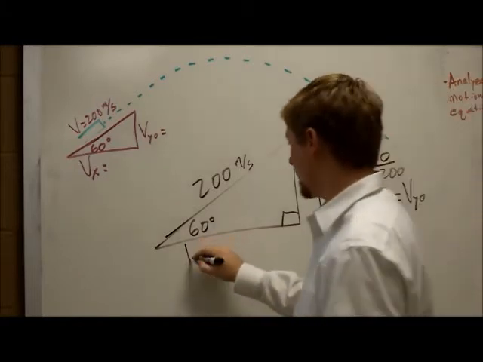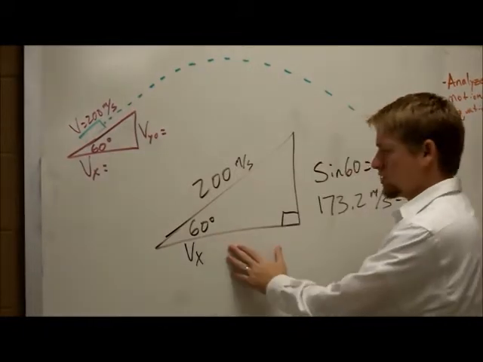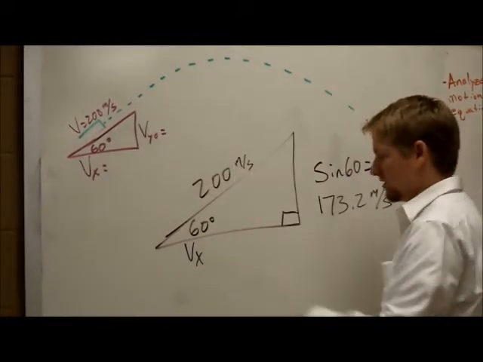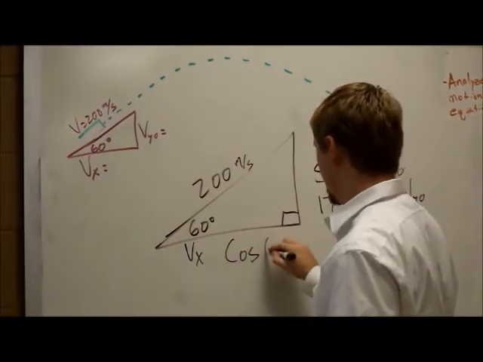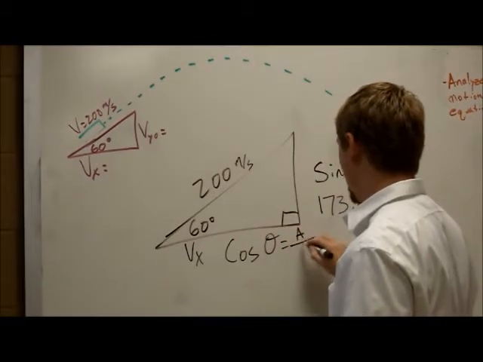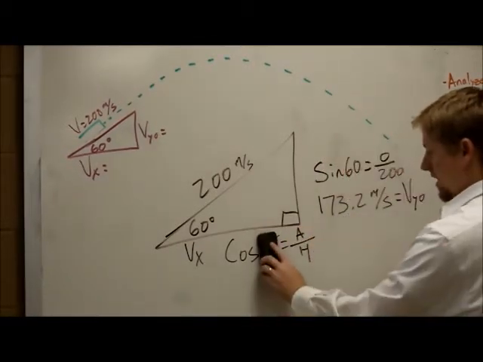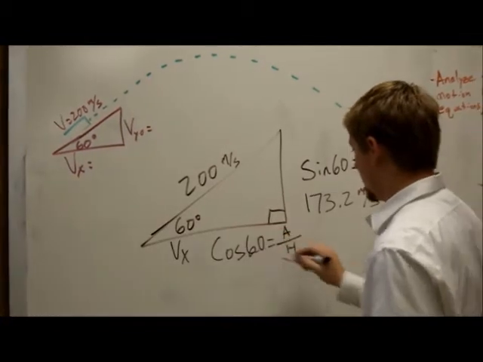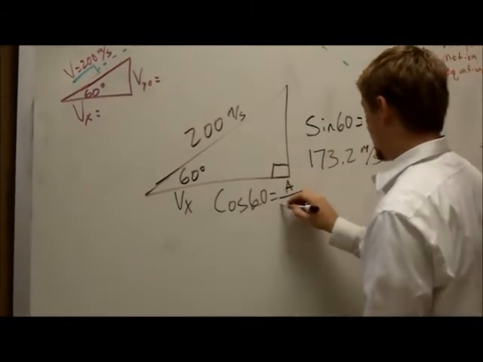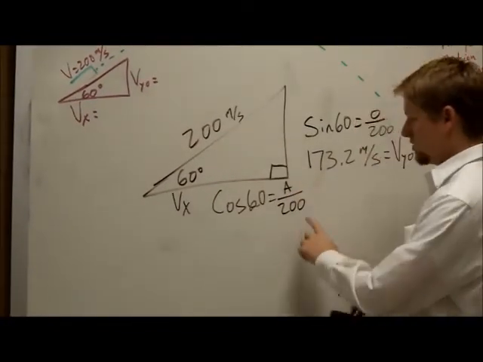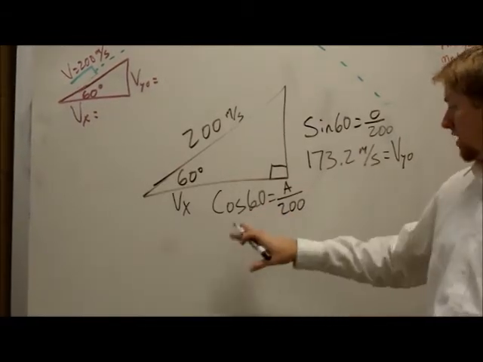Here we have Vx. Remember back to trig, this is our adjacent side, so we're going to use the cosine of theta equals adjacent over hypotenuse. Well, we have 60. Our hypotenuse is 200. So 200 times the cosine of 60, we're going to cross multiply.